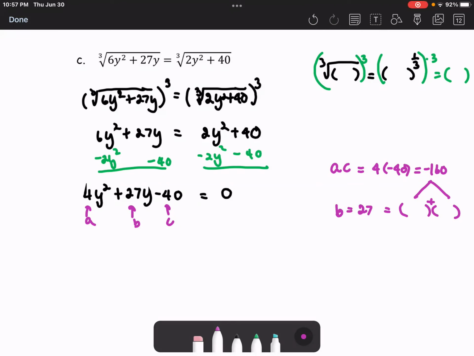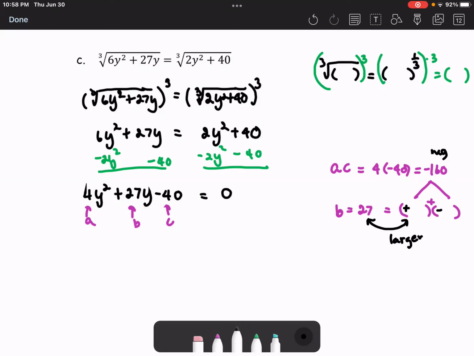If the product is negative, that means one quantity is positive and the other is negative. And the sum is 27, that means the larger quantity is positive. So think about the 2 numbers that are opposite in sign, but the product is negative 160.